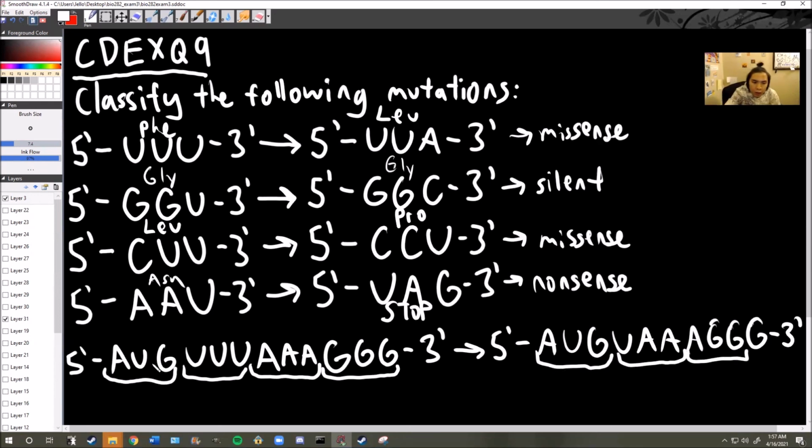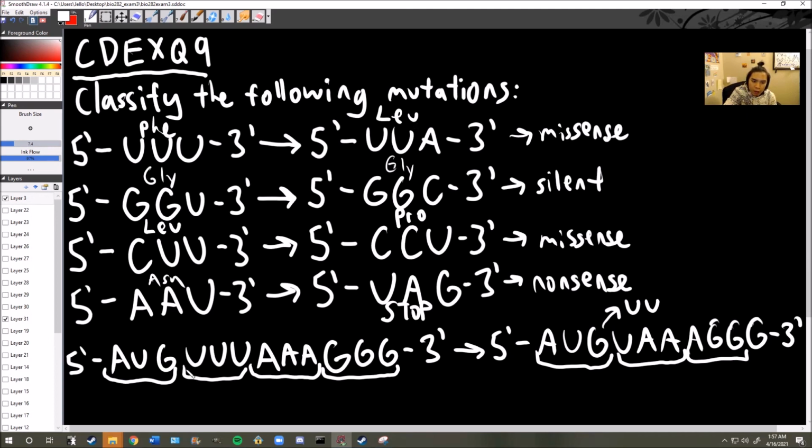So we see that these are our 4 codons, and over here it seems like we're missing 2 U's. So what happened was we had a mutation that resulted in 2 U's not being represented. So this was a deletion of 2 nucleotides. In addition to being a deletion, it seems to have also been a frame shift mutation because the reading frame was changed.